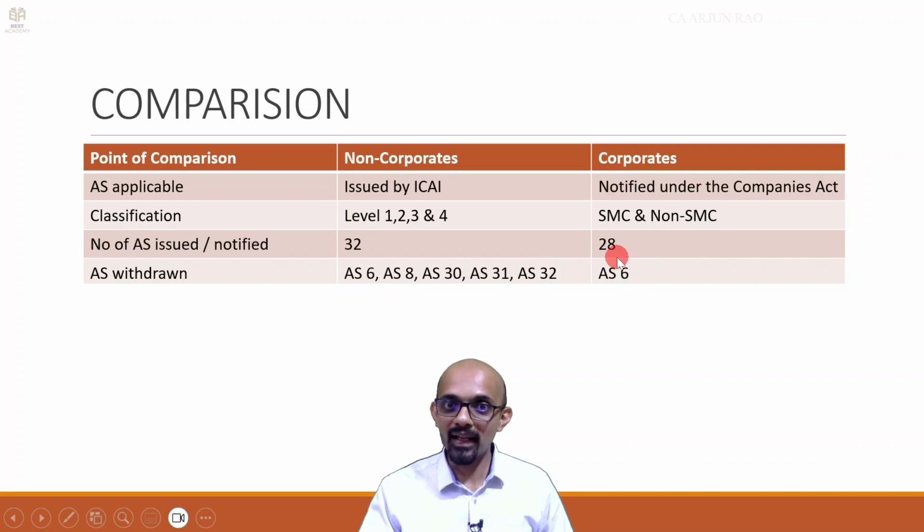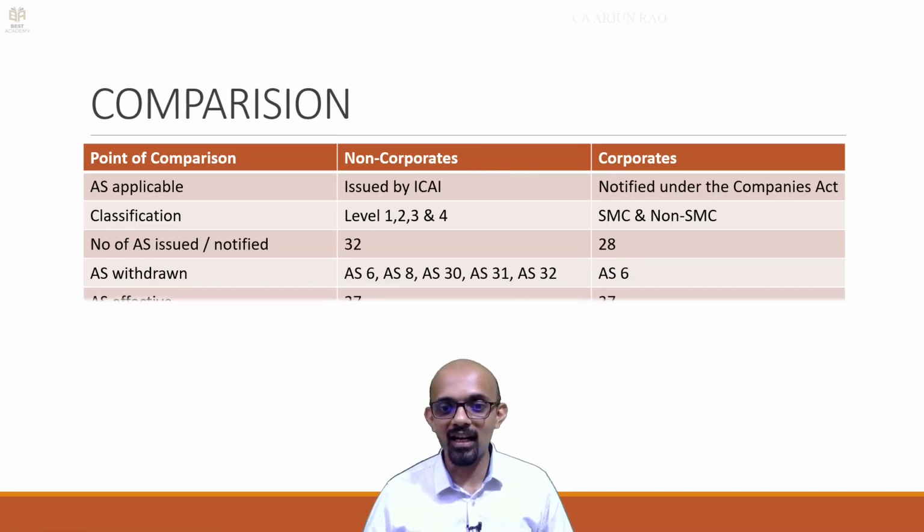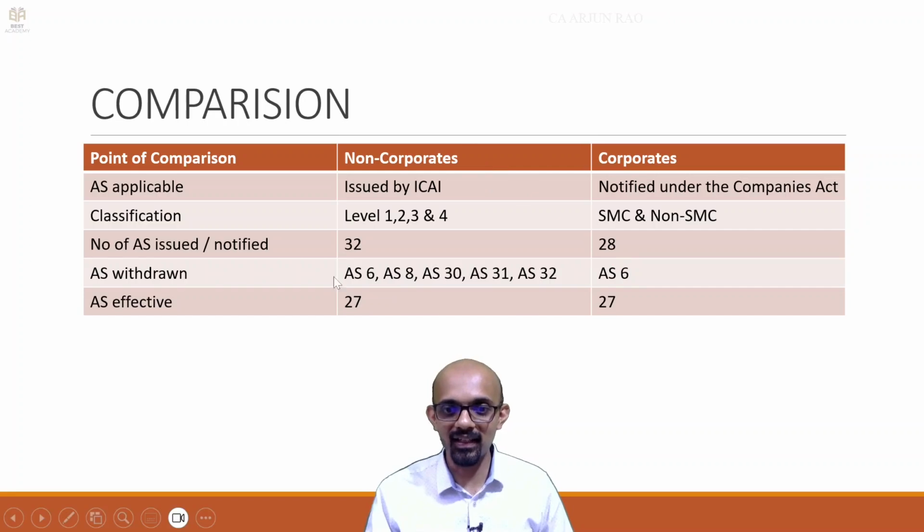So now today, how many accounting standards are applicable to non-corporates? If you had to ask that question, the answer is 27. 32 issued from 1977 till today, of which all these were withdrawn at various points in time, we have only 27.